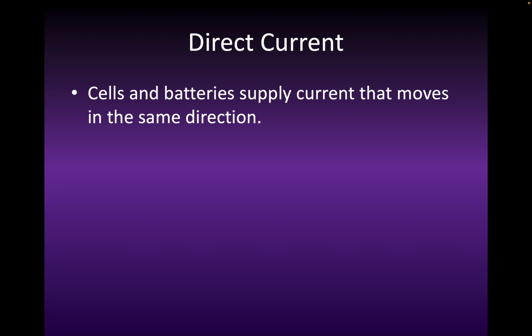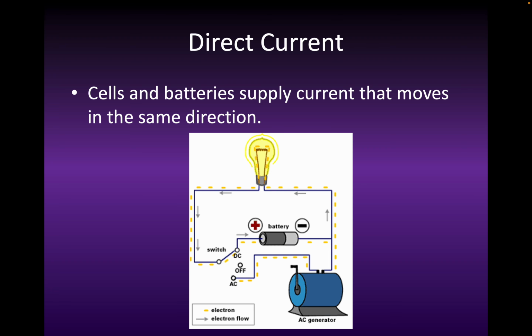Cells and batteries are chemical devices, and they supply current that always moves in the same direction. We say it moves from positive to negative. That's our convention for current. So conventional current flow is positive to negative, as shown in this diagram.